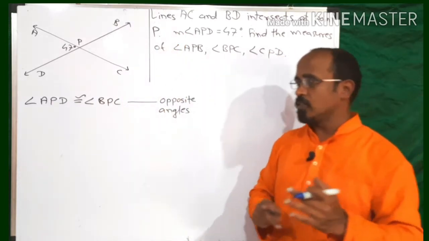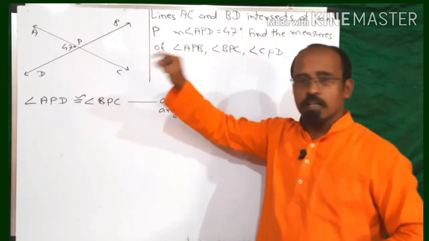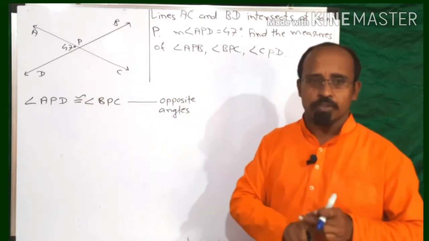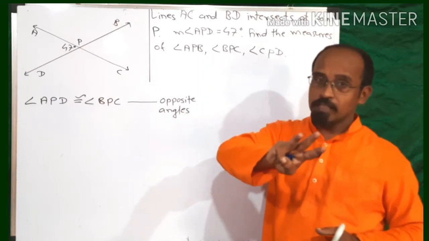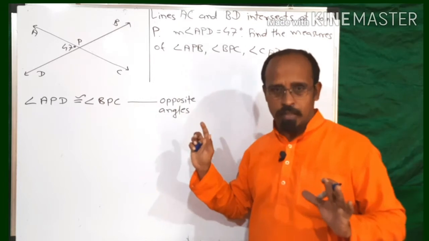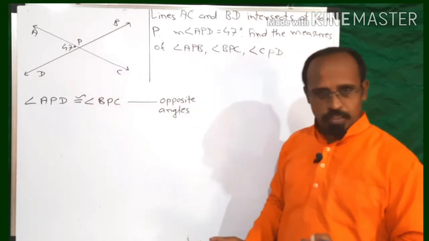Or the second way is you have to write the full sentence. Vertically opposite angles are congruent. Angle APD and BPC are vertically opposite angles. Therefore, APD is equal to BPC. So you have to write 3 lines, which is not visible, so please write in this manner: angle APD is congruent to angle BPC because they are vertically opposite angles.